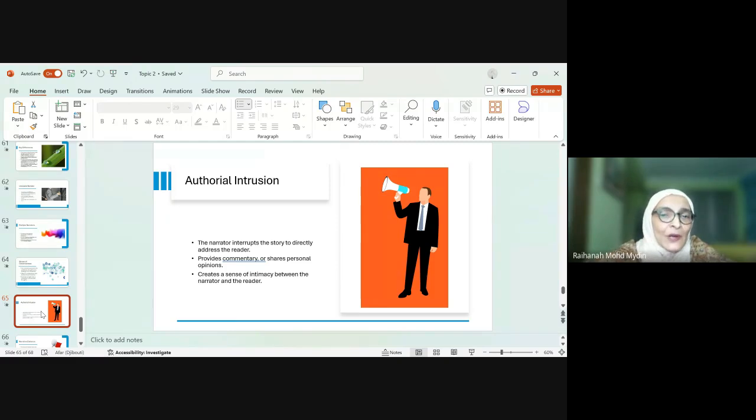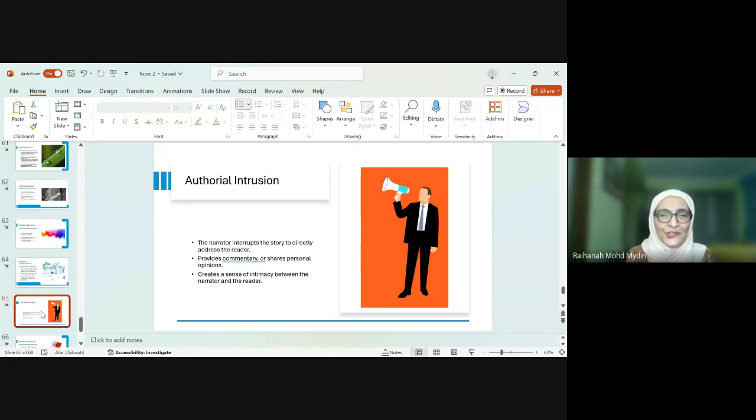Another thing that we want to take into consideration with stories is that you have to differentiate between the author, the one who's writing, and the narrator. Like for instance, George Orwell wrote Animal Farm, or Robert Frost wrote The Road Not Taken.